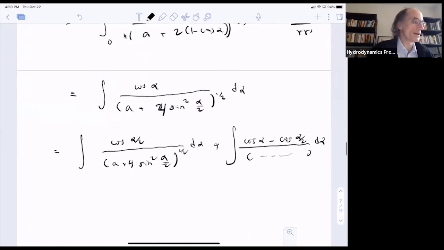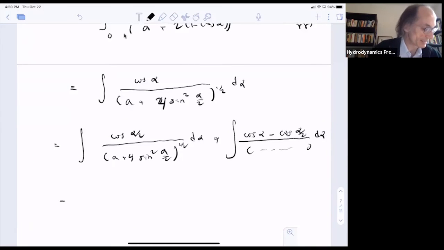Okay, and then, without going into details, the first one we can integrate. I substitute t is sine of alpha over 2, and then in the numerator I get a dt. And then I'll get 1 plus t plus 4t squared to the 1/2. I can figure that out somehow or look it up.